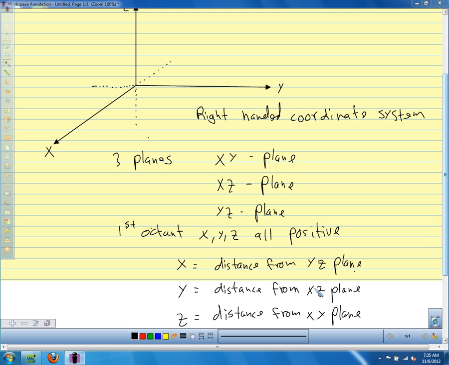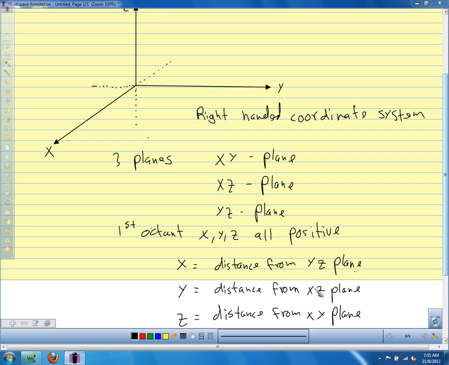All of our ideas about vectors transfer directly over from the plane into three-dimensional space. Distance, midpoint, standard equation of a sphere. We're just adding a coordinate. So all those ideas that we've talked about in the plane transfer over into space. We're just adding the z coordinate to our equations.